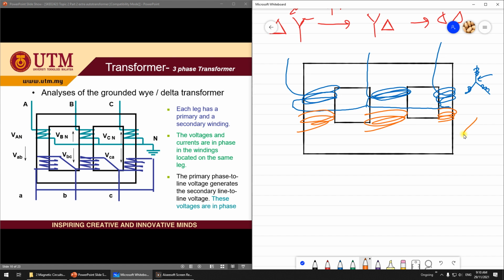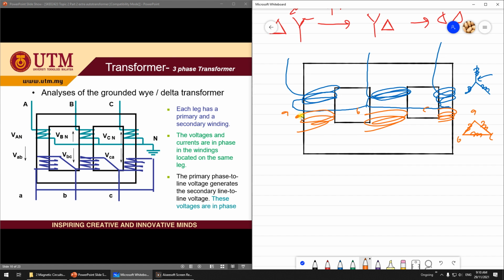So if you use delta here, this one is A, this one is B, this one is C. A and B are connected together, B and C, this one is a little bit tricky.